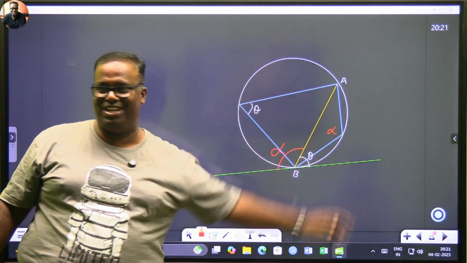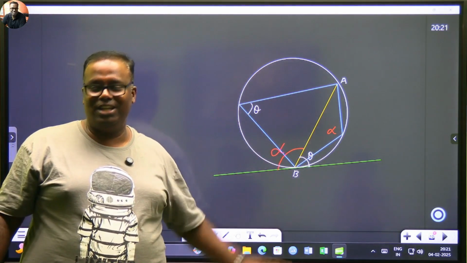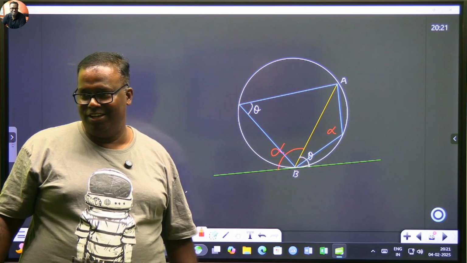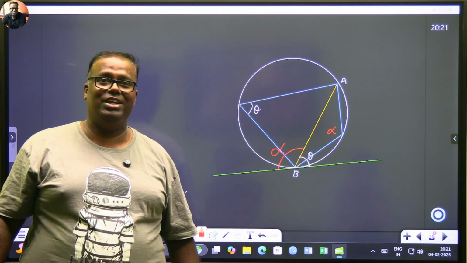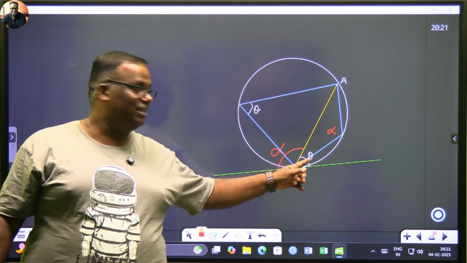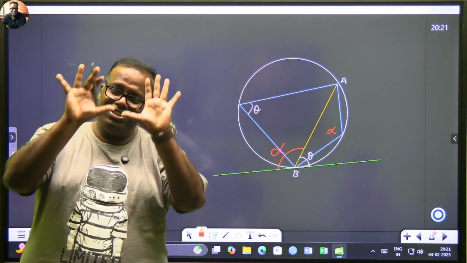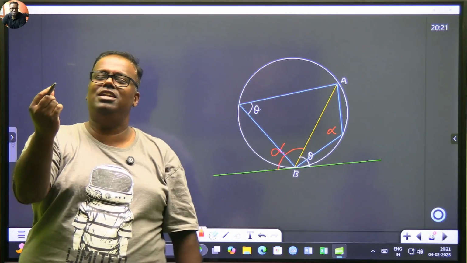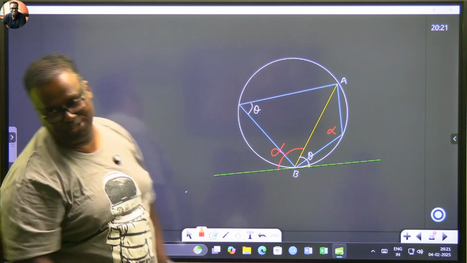So theta plus alpha is also 180 degree, which proves that cyclic quadrilateral opposite angles are 180 degree. Geometry is interesting. Do you get it? Isn't alpha and theta a linear pair? It is the same thing, just placed in different places now, like a small nut and bolt fitted into an engine housing. You need to look at it with that perspective now.